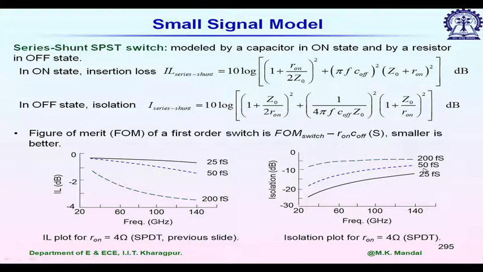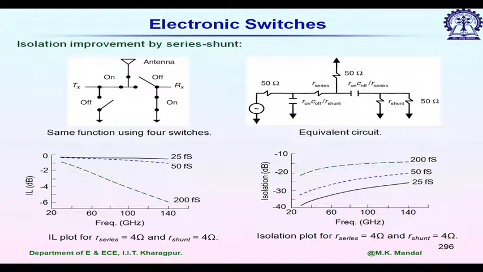If we go for a much better switch, 25 femtosecond, then at least we have 13 to 15 dB isolation at 140 gigahertz. So, isolation and insertion loss both depend on the figure of merit, R on times C off.